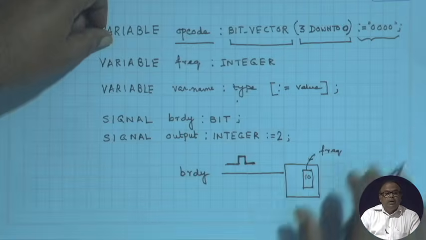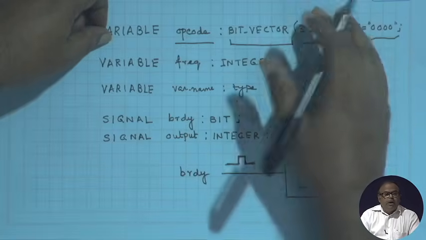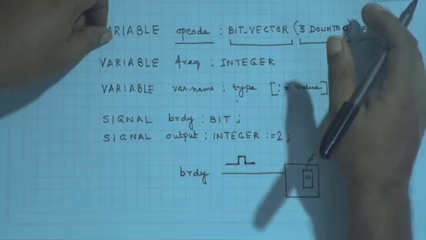Now, whenever we are describing some hardware, we will need not only the variables, but also wires which will carry information, and those can be very well represented using signals. We will see some applications of these later.